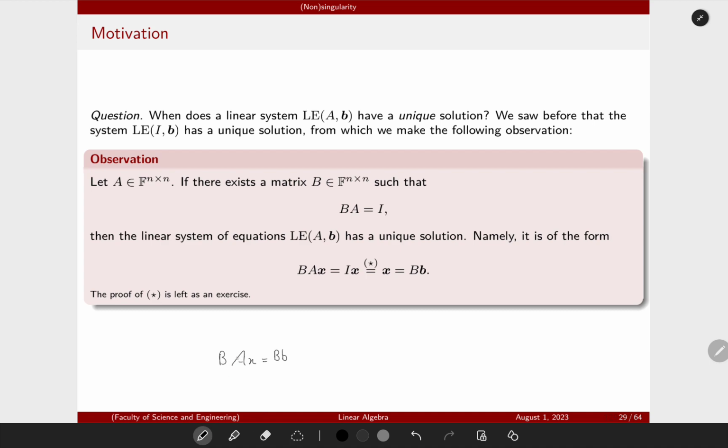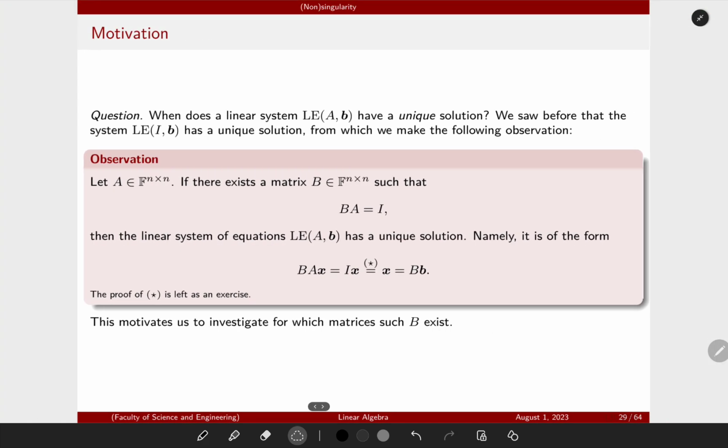And because this is identity, what you can show is that identity times x is just x. We obtain the solution x is Bb, which you also see here. So if we can find such a matrix B, then we see that our linear system has a unique solution.